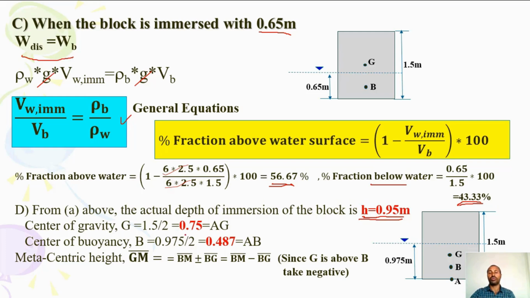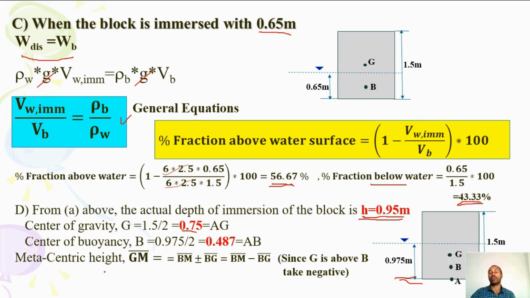Then the center of gravity, we have 0.75, which is AG from the base. This is the base. From this base up to this point, you have AG 0.75, half of 1.5. And you have the center of buoyancy 0.487, which is AB, from A to B.